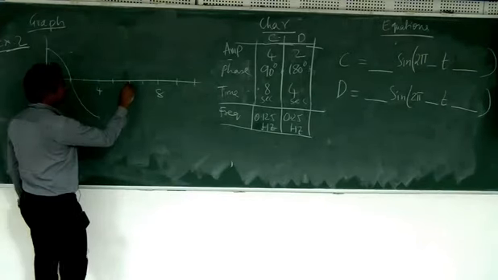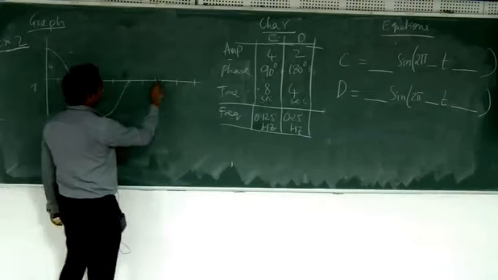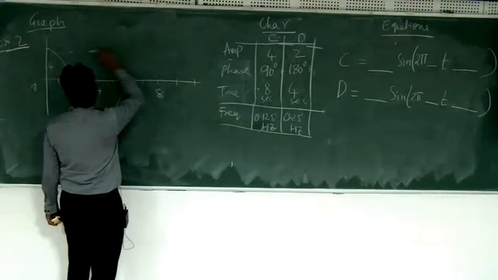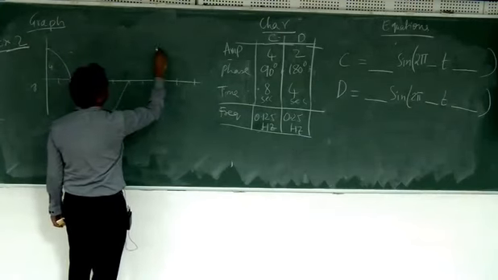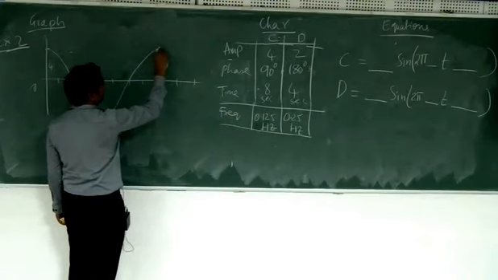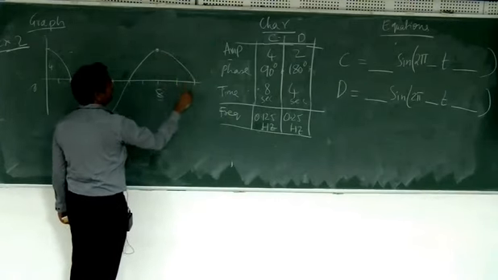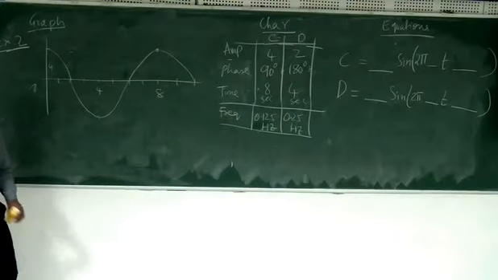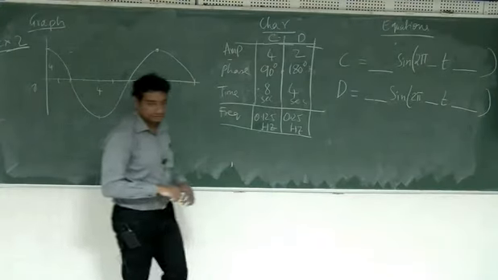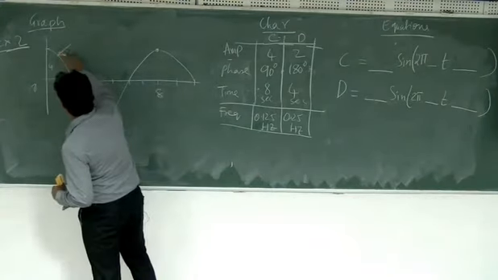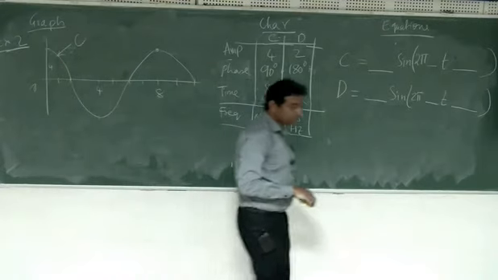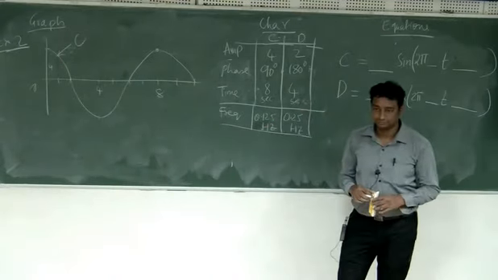By the time it reaches 6, it becomes 0. By the time it reaches 8, it becomes maximum. By the time it reaches 10, it becomes 0. So this is my C. So also, label it C.